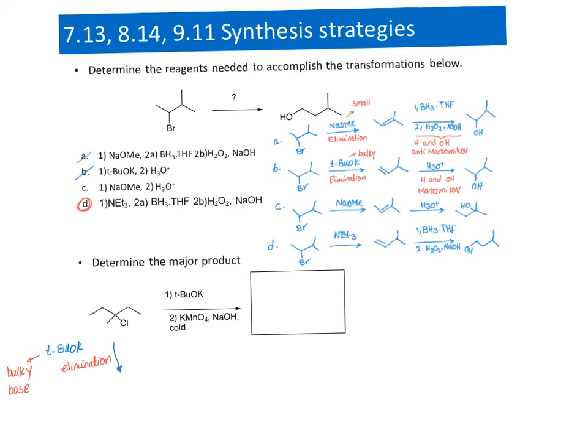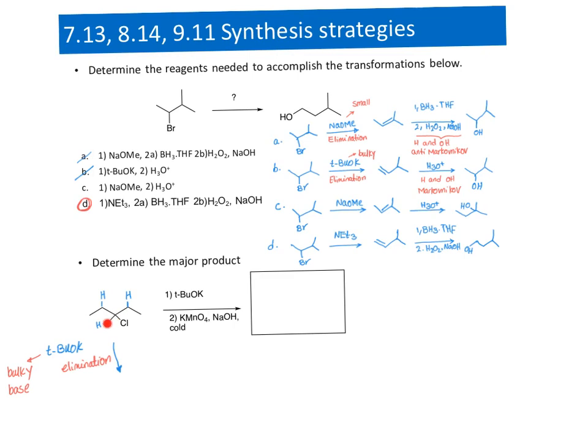So let's find the beta protons first. I have one type of beta proton here, one type here, and another one here. But since the alkyl halide is symmetrical, these two are identical. Now, in order to form the Hofmann product, the bulky base will attack from the less crowded side, which is this beta proton.